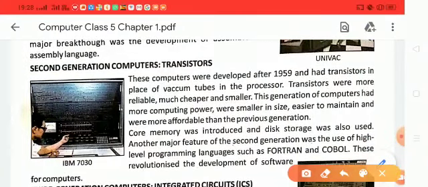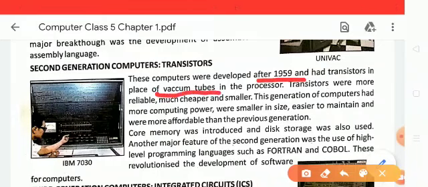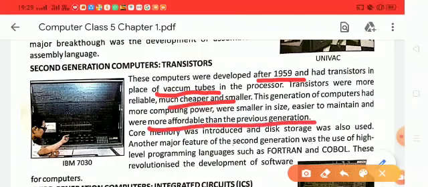Okay, now second generation computers. These computers were developed after 1959 and used transistors in place of vacuum tubes in the processor. This is the important line. Transistors were more reliable, much cheaper and smaller. So this generation of computers had more computing power, were smaller in size, easier to maintain and more affordable than the previous generation.